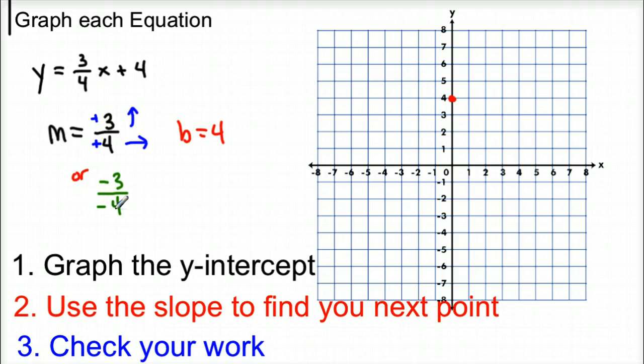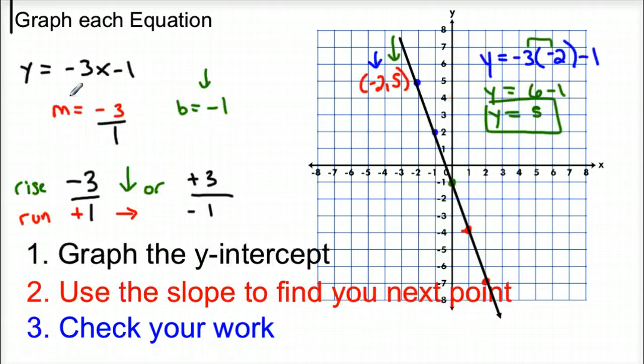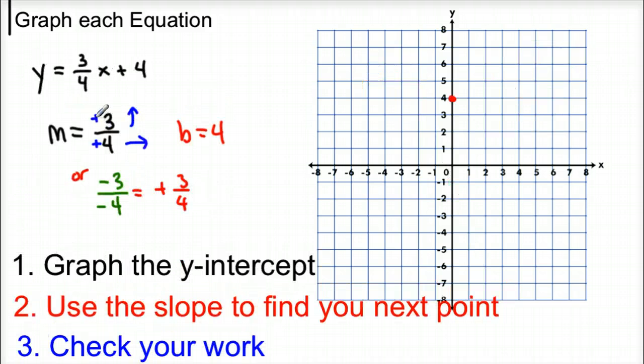Negative 3 divided by negative 4 is still equal to positive 3/4. As in the last example, I was able to flip the negative sign: give the negative to the numerator, leaving the denominator positive, or make the numerator positive and the denominator negative. In this example, since both numerator and denominator are positive, I could make both negative.